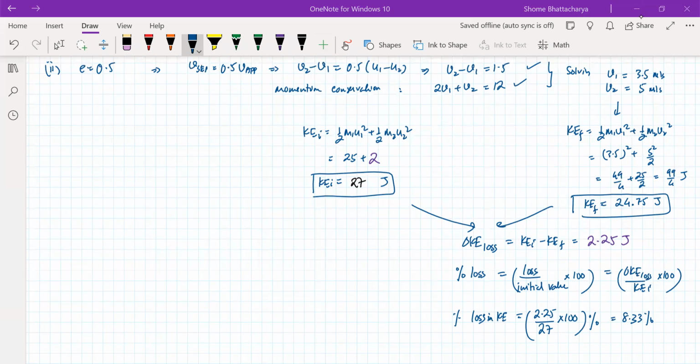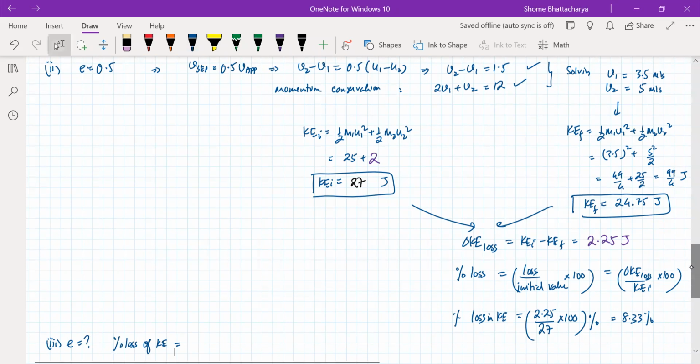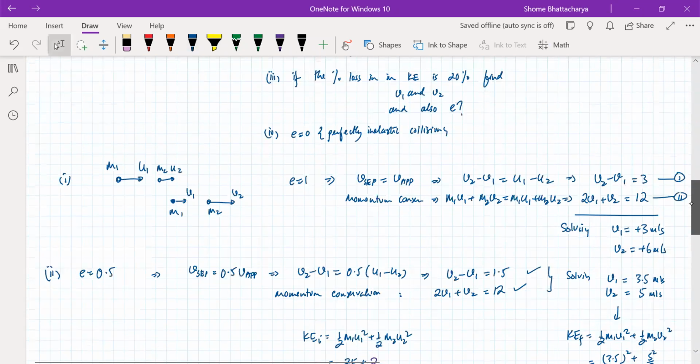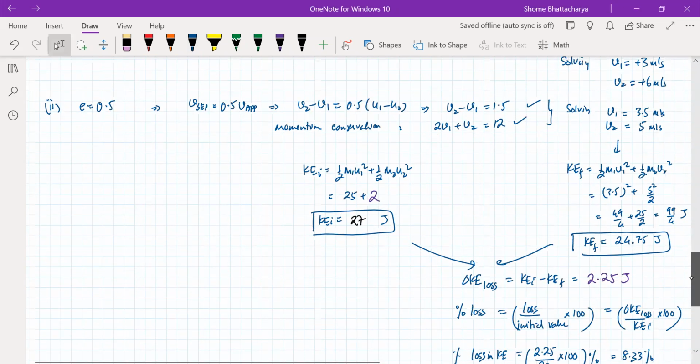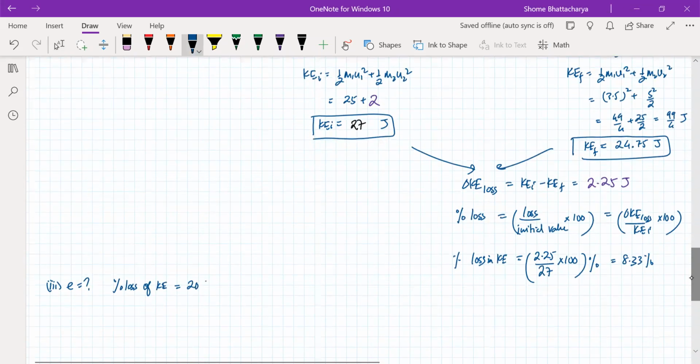Okay, so complete this part and let's come to the third part. Now in the third part, the coefficient of restitution is unknown, but the percentage loss of kinetic energy is given to us, and that is 20%.